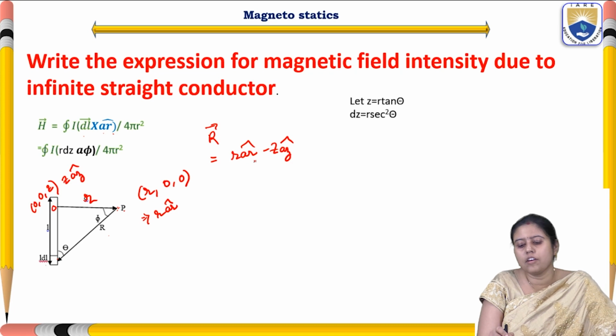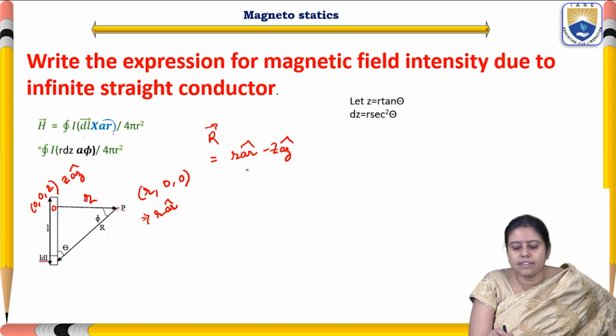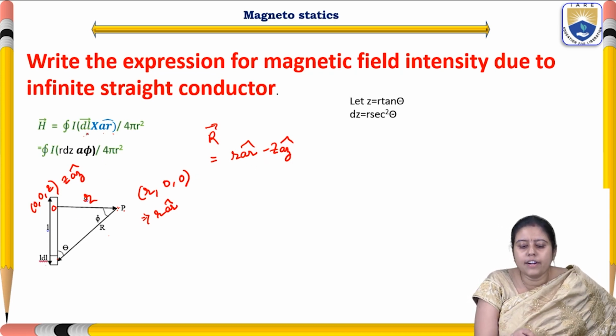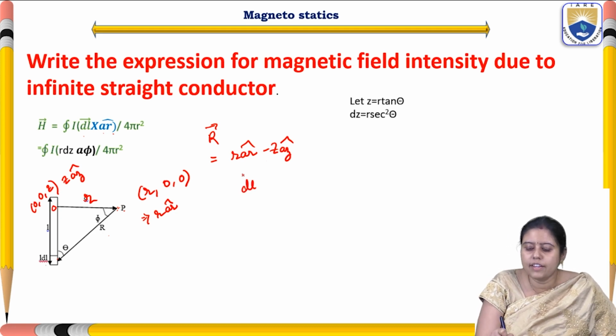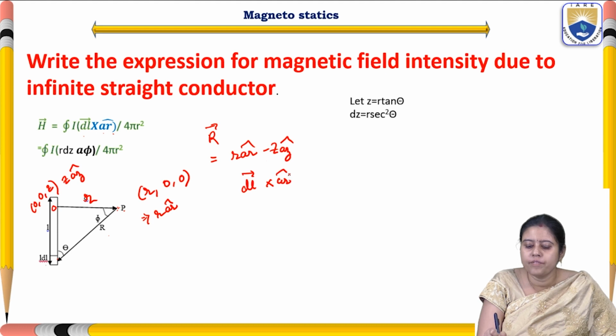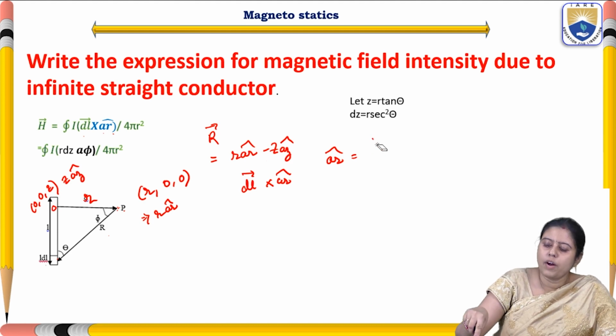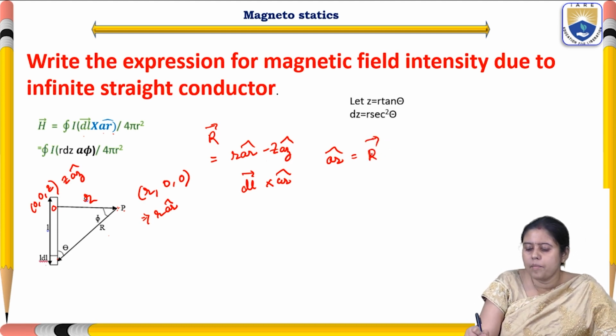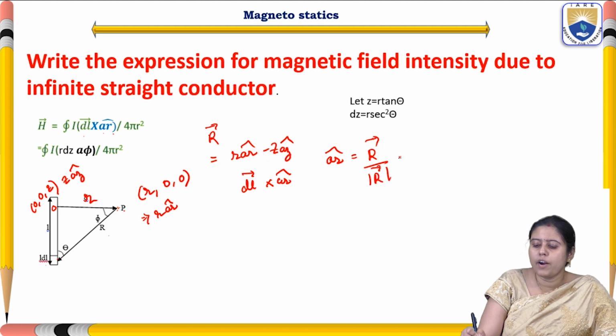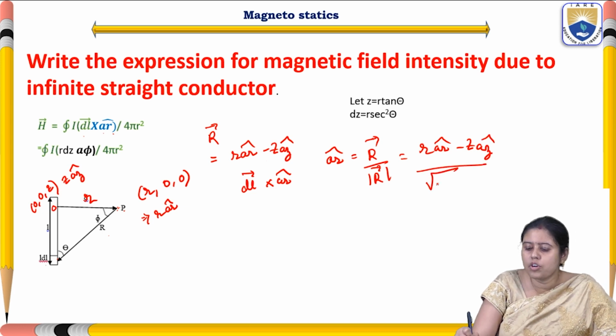R is equal to r aR minus z aZ. dL is nothing but dz. So if we calculate dL cross aR, what is aR then? aR is equal to R by mod of R, which is (r aR minus z aZ) by root of r square plus z square.